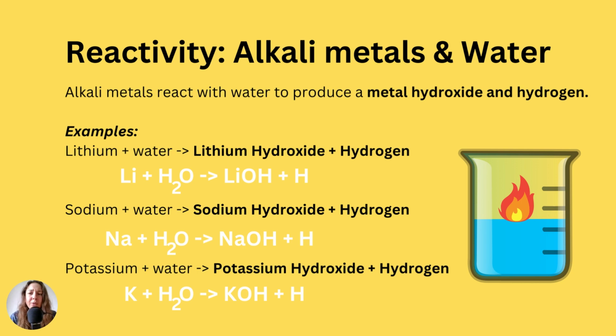Now, how do we actually know that that reaction has taken place? I'm saying it, but how would we actually know it if we were to do this in a lab? Well, lithium hydroxide, as the name would suggest, is an alkali, it's a base, it has a very high pH. And as you know, hopefully from your studies, you can use a universal indicator to check that pH.